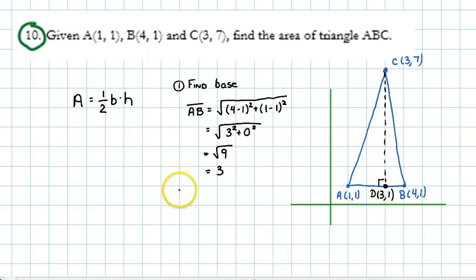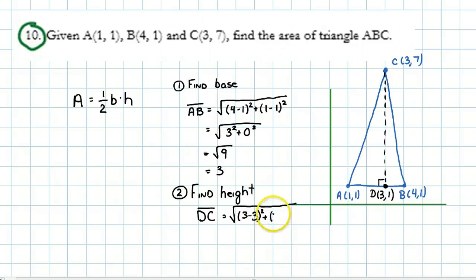Okay? And then we're going to find the height. So the height is going to be the length of DC. So that's equal to the square root of, and again, I could read this right off, but let's plug it in our formula. (3 minus 3) squared plus (7 minus 1) squared.